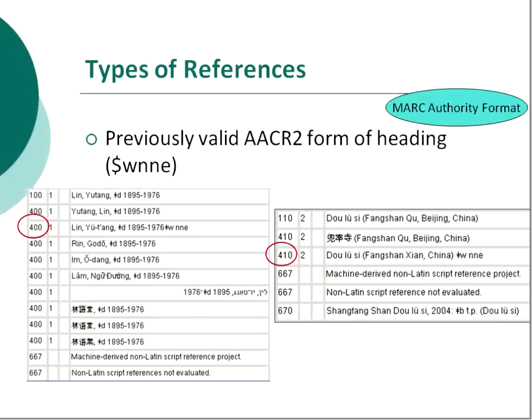So what this says was that when the place name qualifier for the corporate body was changed, then that former form was coded as a WNNE form. So then the 110 form will have the latest place name qualifier for the corporate body. So this is another situation where the WNNE form is used.